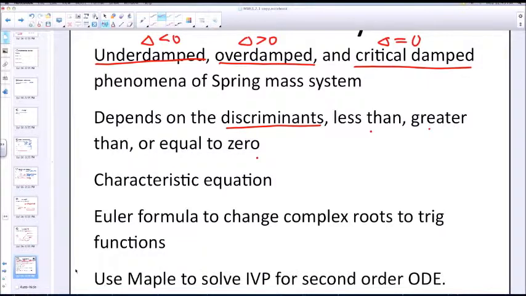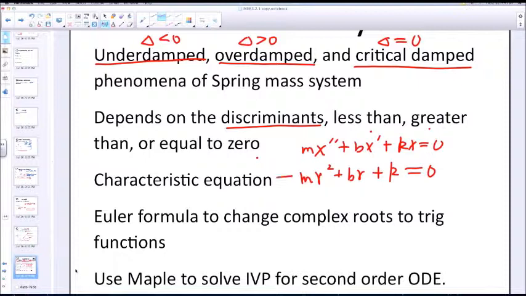That's the most important knowledge for today. And the characteristic equation, you simply change the differential equation, the order of a derivative, to the degree of the algebraic equation, and that equation we call the characteristic equation of this homogeneous ODE.